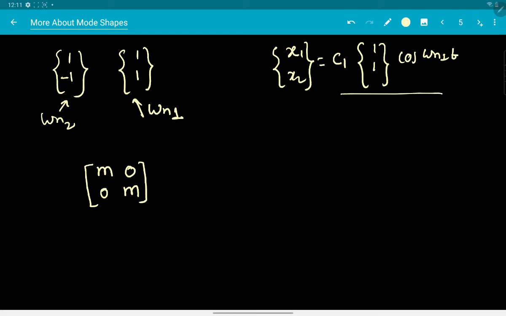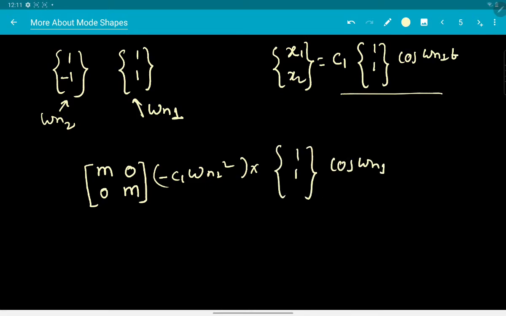In that case, what will be the inertial force? It will be minus c1 omega n1 square times 1, 1, cosine of omega n1 t.